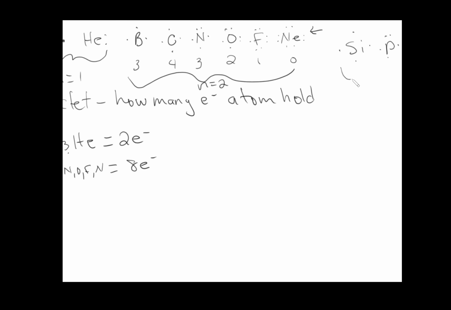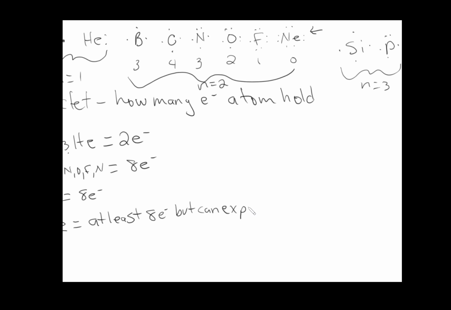So these two are in the n equals 3, but silicon isn't quite big enough. It doesn't have enough protons or effective nuclear charge to hold on to any more than 8. But when you get to the n equals 3, so phosphorus on, it has to have at least 8, but can expand.